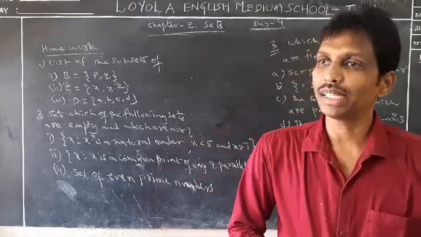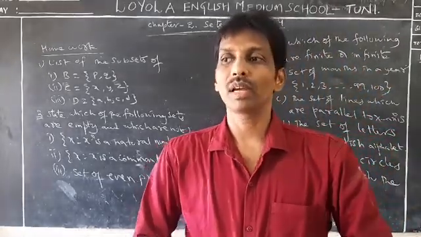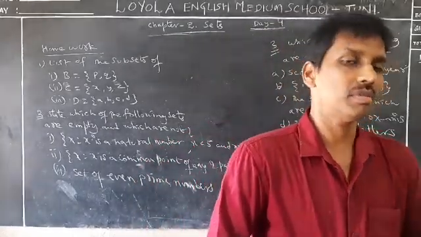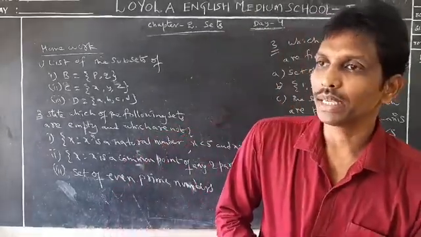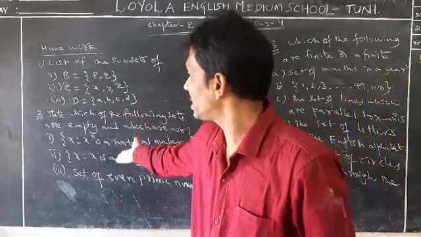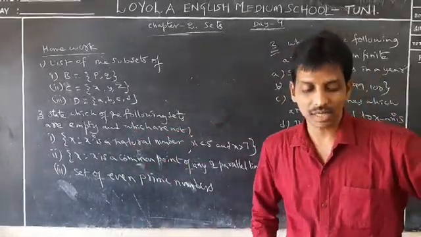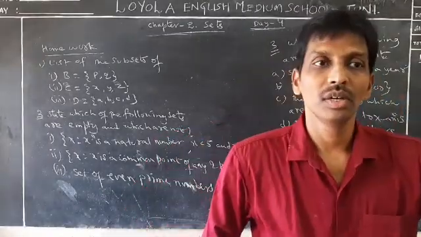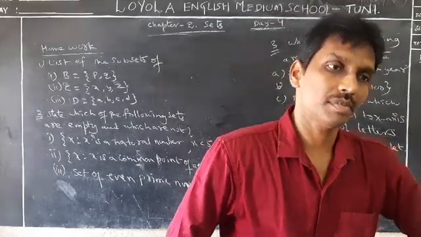And finally, finite sets and infinite sets. A set consisting of a countable number of elements is known as a finite set, and a set consisting of an uncountable number of elements is known as an infinite set. By giving some examples, based on the second question, we were able to justify whether they are empty sets or non-empty sets. And finally, we discussed Venn diagrams. So these are the topics we discussed today.